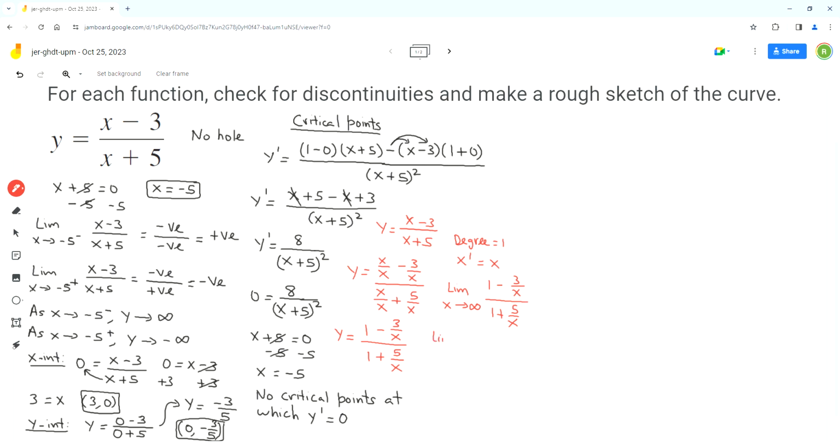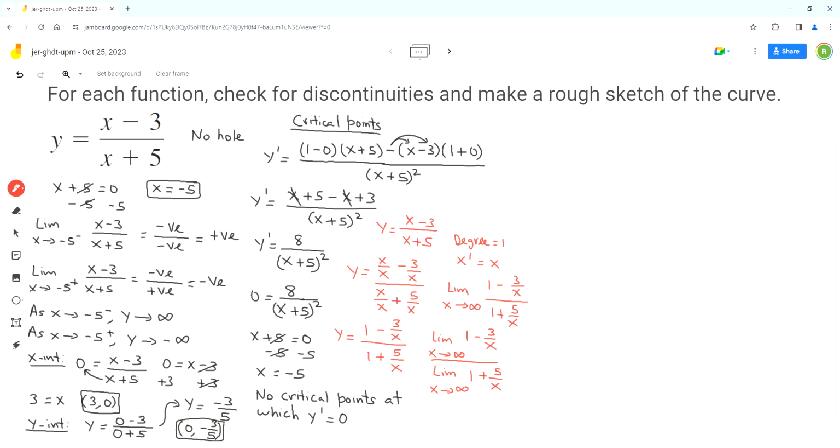So limit as x approaches infinity of 1 minus 3 over x, over limit as x approaches infinity of 1 plus 5 over x.